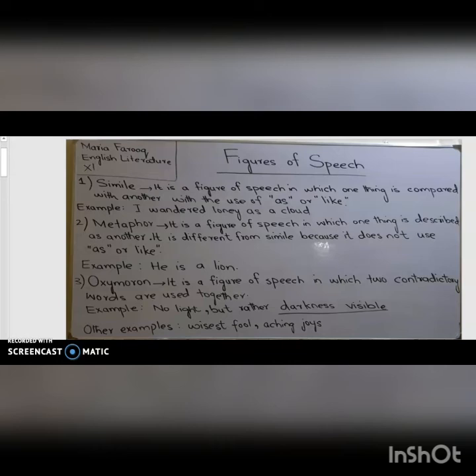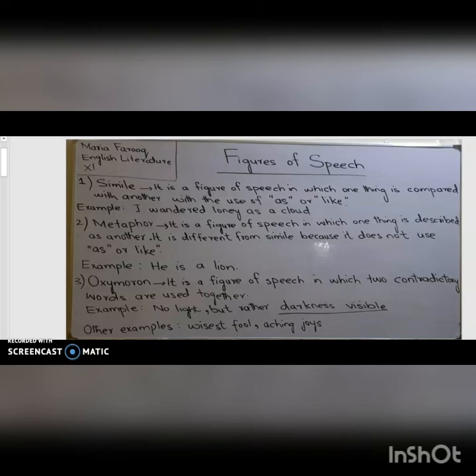Now, if somebody is a fool, then how can he be the wisest fool? So, these are two contradictory words. Then, aching joys, painful joys. So, joys but also painful. How is this possible? So, these are two contradictory words. And when two contradictory, two opposite words are used together, this is called oxymoron.